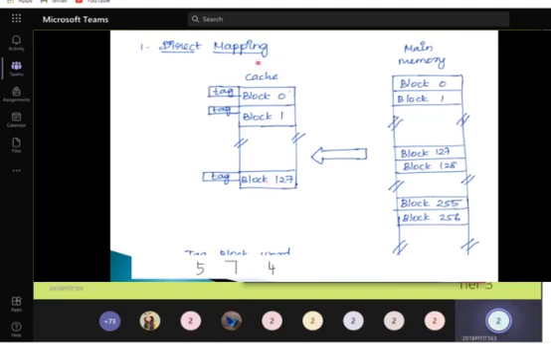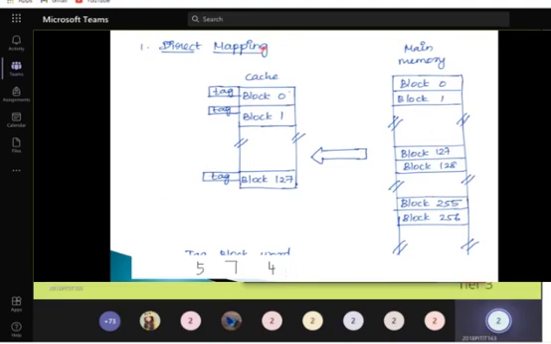But in the cache memory, we have only 128 blocks, from block 0 to block 127. How is this represented using bits? Tag, block, word: tag is 5 bits, block is 7 bits, and word is 4 bits.